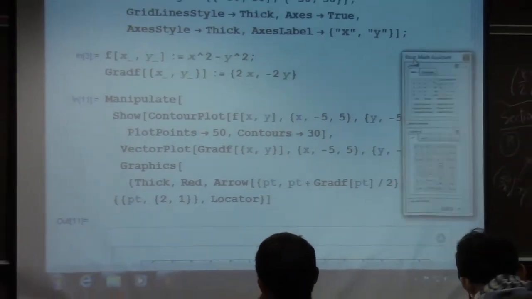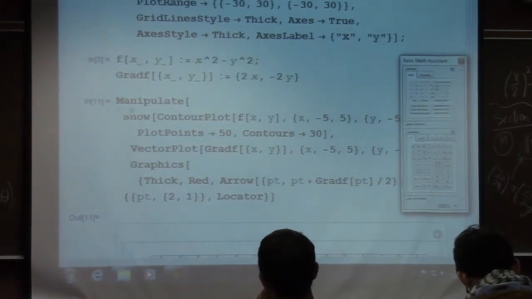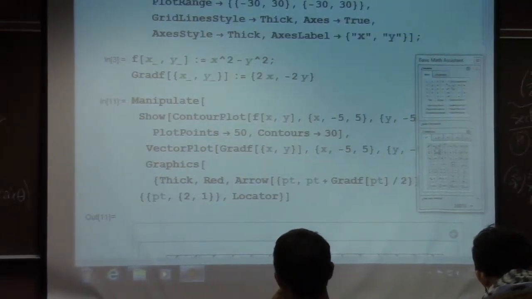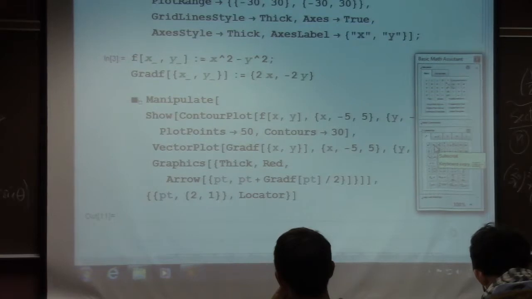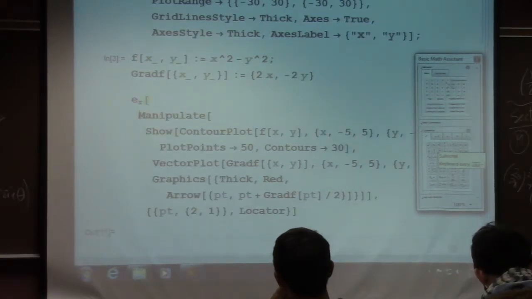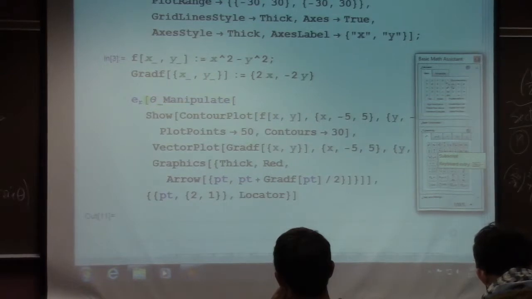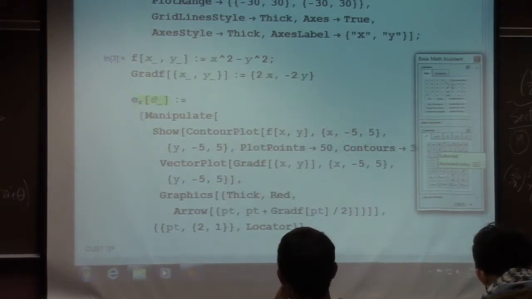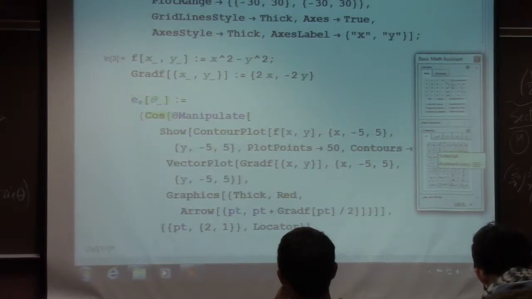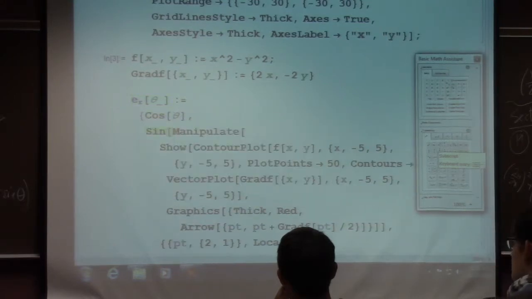Let's use the palette here to define two functions. I'll use a subscript just like I do by hand. E sub r of theta is going to be the vector whose first component is cos theta and whose second component is sine theta.